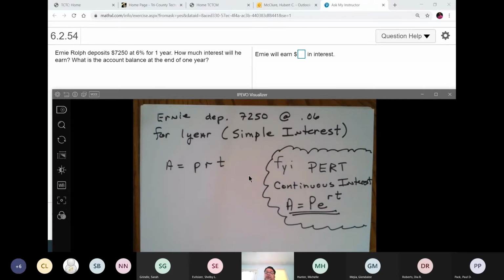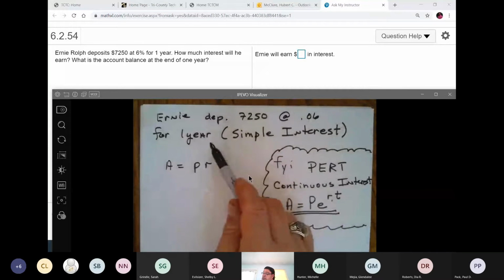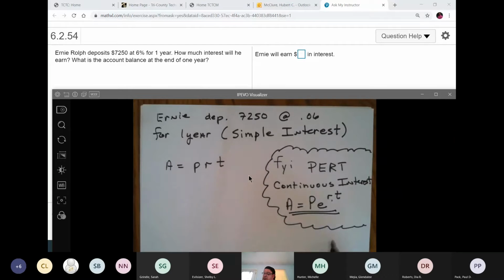They use continuous interest, which is P, what you put in, E, that's in your calculator, raised to the RT, which is 0.06 times 1. So we'll do that one too, just for your information.